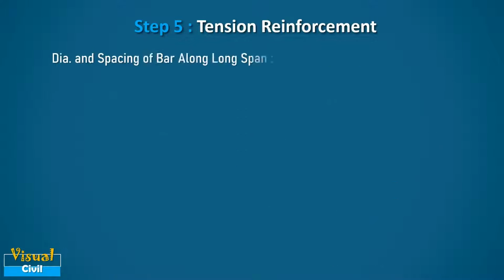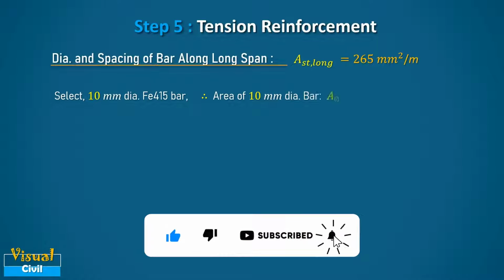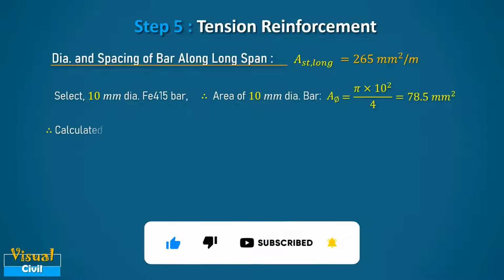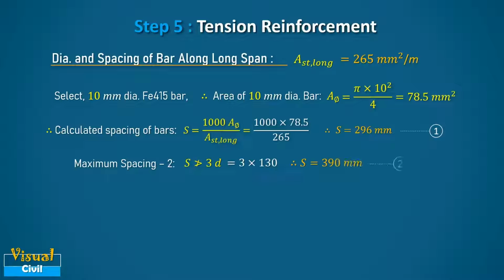Similarly, fix the diameter and spacing of bars to be provided along the long span by selecting 10 mm diameter of Fe415 bars. The calculated spacing of the bar is 296 mm. Next, calculate the second value of maximum allowable spacing equal to 3 times effective depth, which is equal to 390 mm.